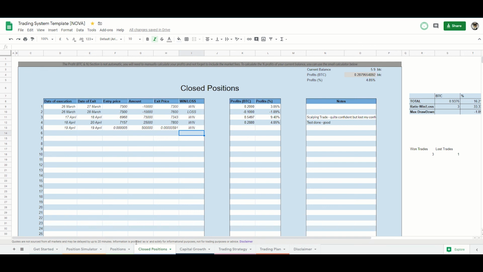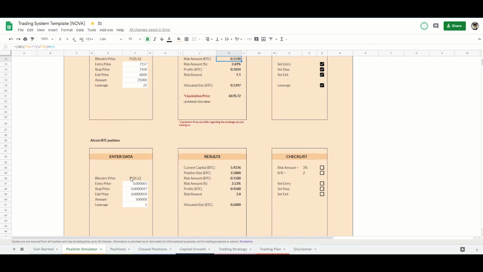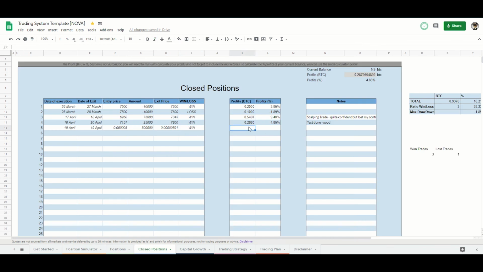So here I'm going to paste this. No, this is not the risk. I'm going to paste the profits we made here, just for the record, and I will subtract just a few things to simulate the fees. Let's take that as an example.